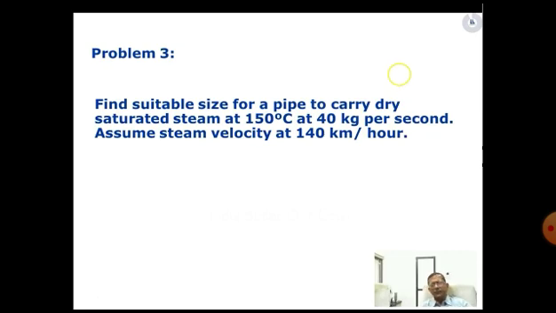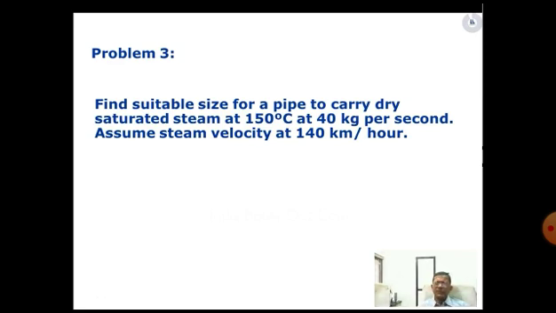Again, this is a typical problem. Suppose the steam velocity is given and the steam flow is given; they would ask you to find the pipe size, the diameter of the pipe. So find the suitable size for a pipe to carry dry saturated steam at 150 degrees centigrade.